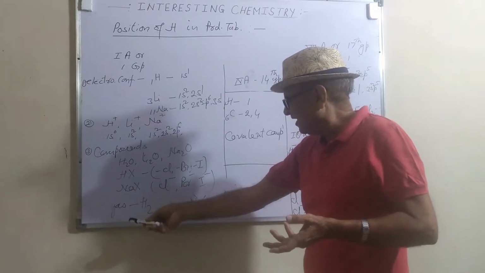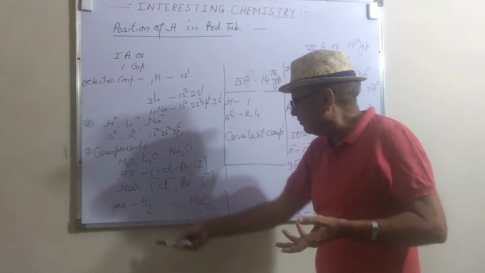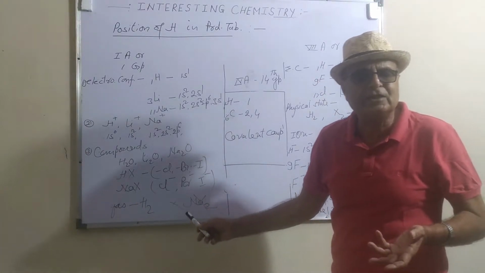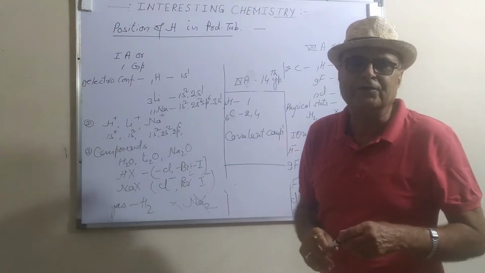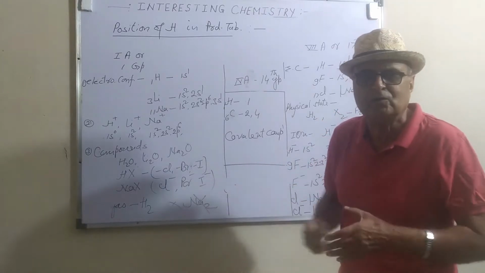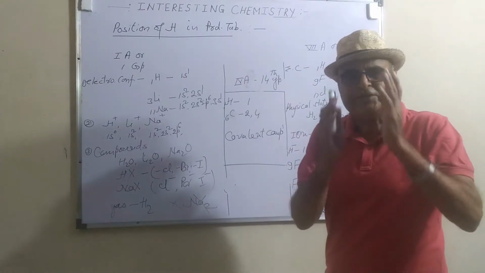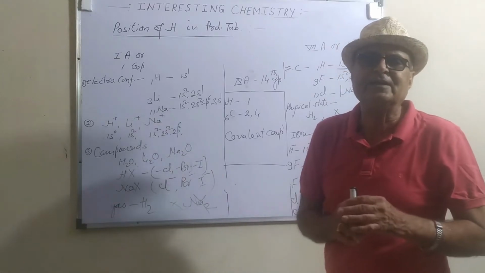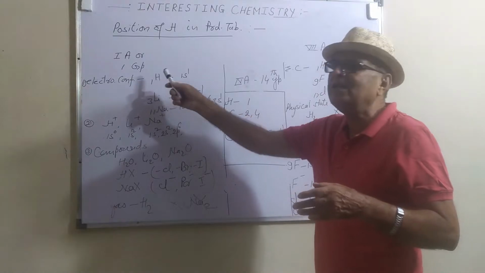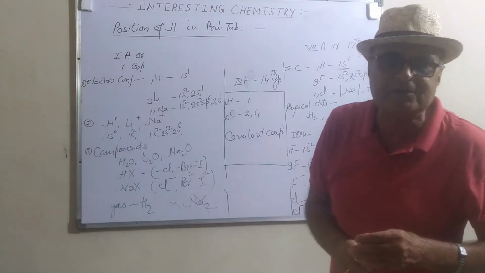It is a gas and forms a diatomic molecule, whereas these alkali metals don't form any type of diatomic molecule. So it is a dissimilarity in the properties of hydrogen and the other alkali metals.